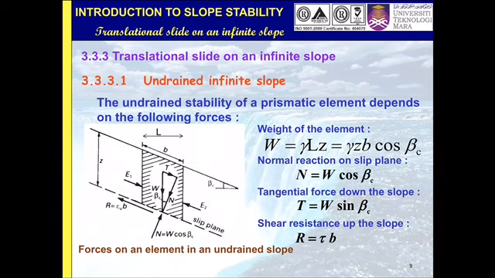So what we have here is W equals gamma Z, L, where L is B cos beta. And then N is perpendicular to the slip plane, and it is actually N equals W cos beta.